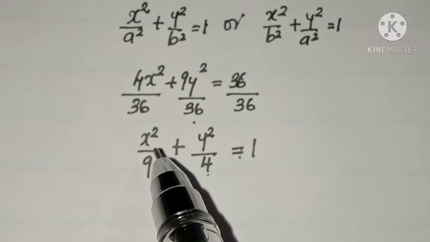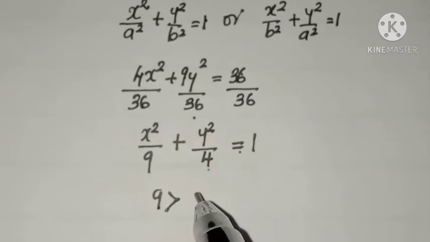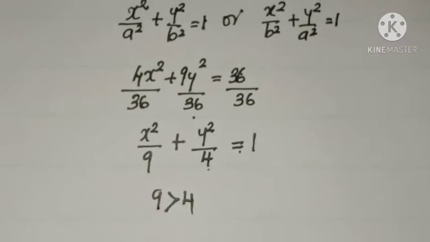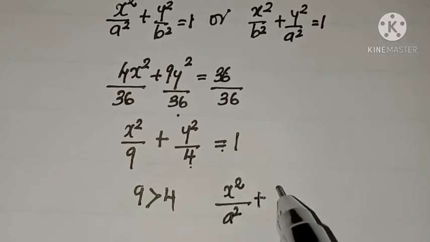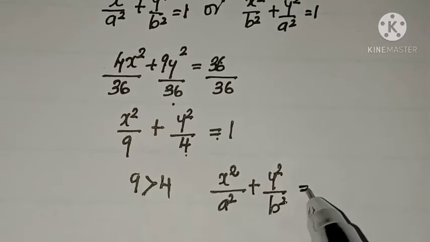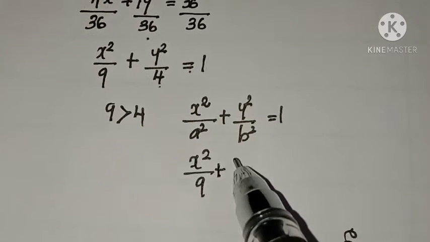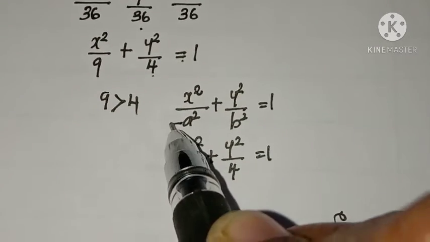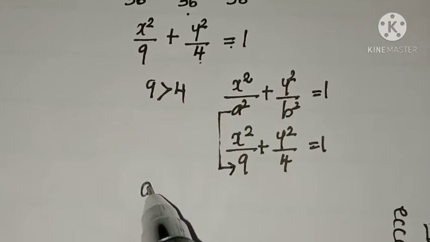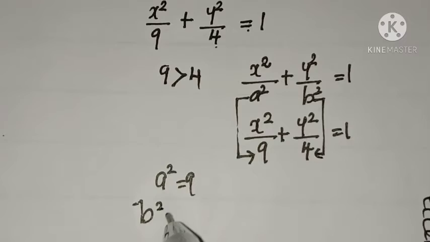Now listen, the denominator of x² is 9, which is larger than the denominator of y². So definitely the given equation is in the form x²/a² + y²/b² = 1. Comparing the two equations, a² = 9 and b² = 4.